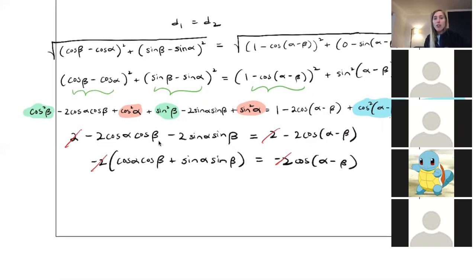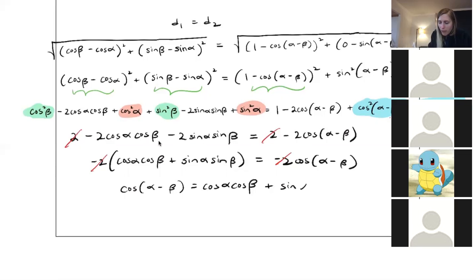So it's the cosine difference identity, which I'm going to flip around because we usually have it memorized as cosine alpha minus beta equals cosine alpha cosine beta plus sine alpha sine beta.